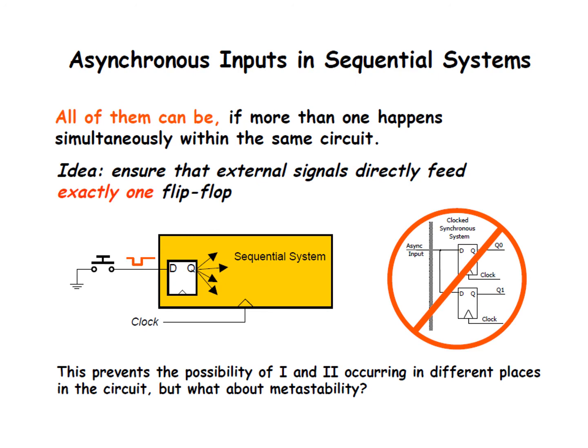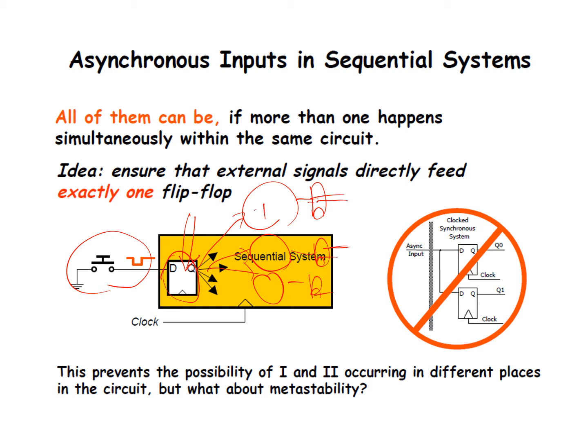Let's assume we have an asynchronous input and one flip-flop at the input, which goes into multiple combinational logic paths and flip-flops after that. Once this one fails, all these paths will fail, right?